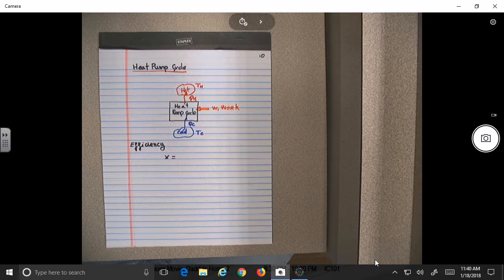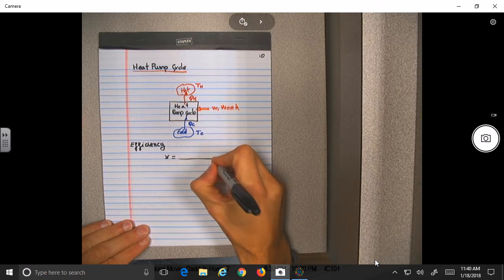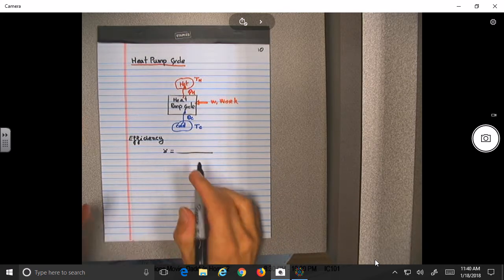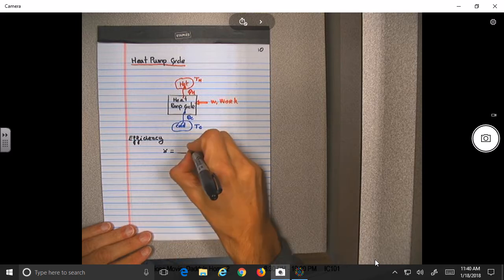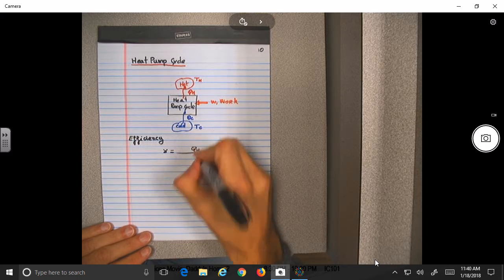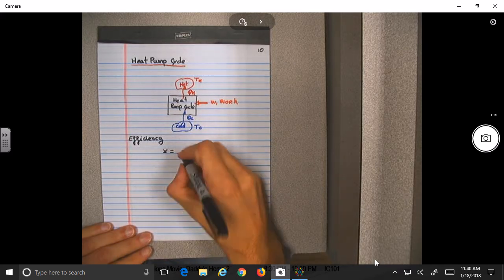Okay, what are we trying to get out? Remember, efficiency is whatever you try to get out divided by whatever you put in, no? So what are we trying to achieve over here? Remove heat, so Q hot. In order to achieve that, what do we put into the system? Work.